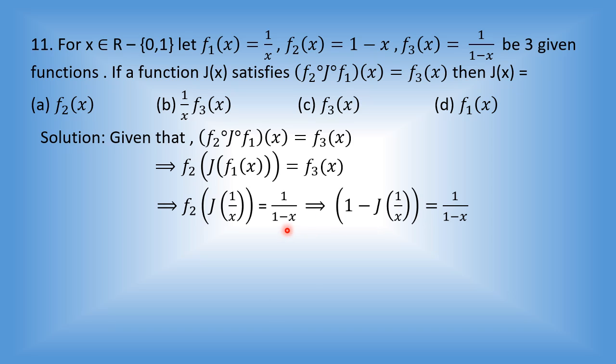After simplification, we get j of 1 by x is equal to minus x divided by 1 minus x.